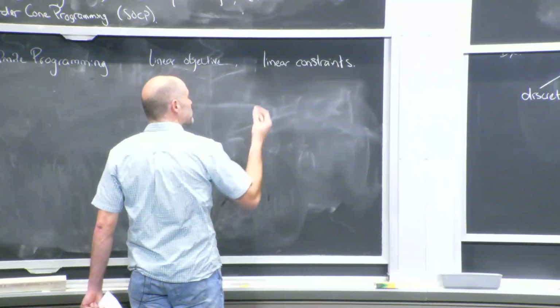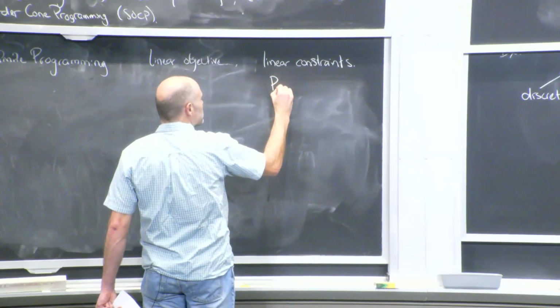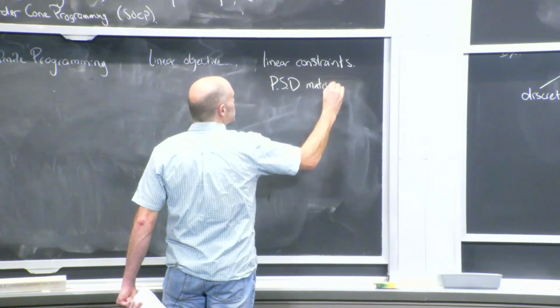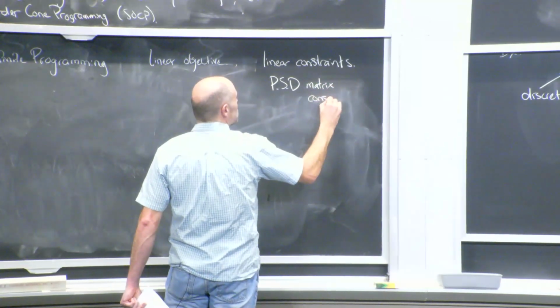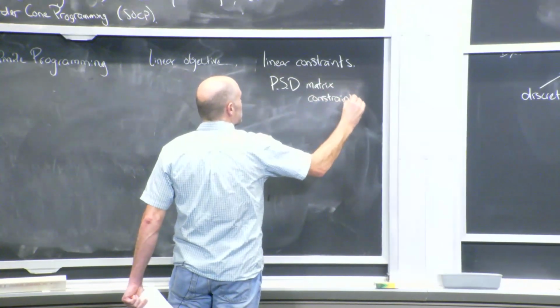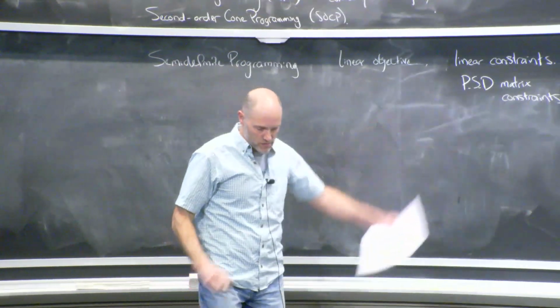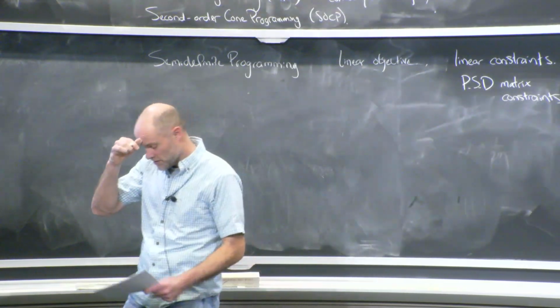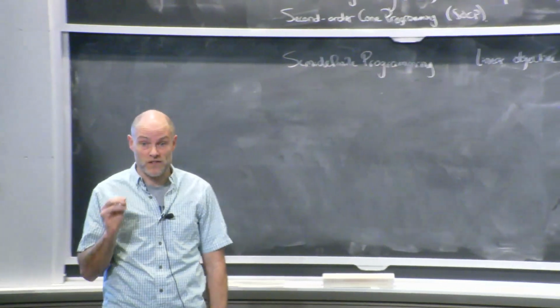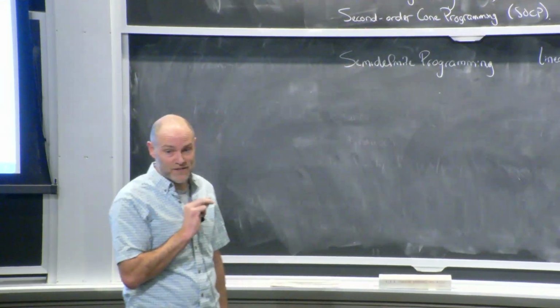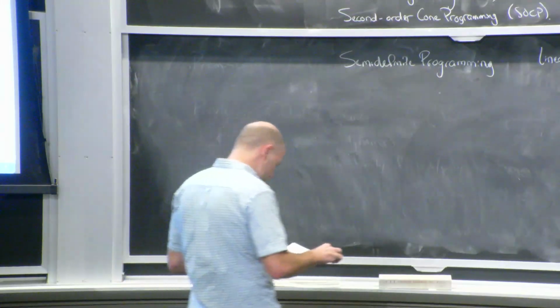And you can have positive semi-definite matrix constraints. I'll make that precise when we get a little bit further. But roughly, you're allowed to say that some linear combination of the decision variables forms a positive definite matrix.